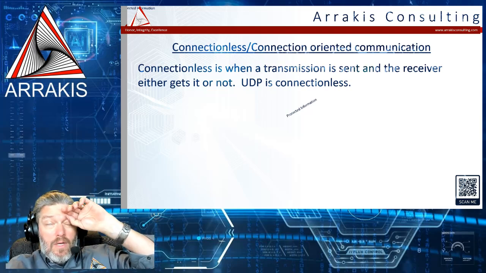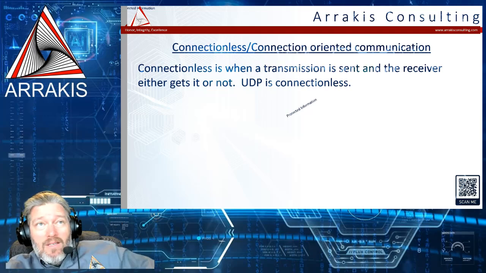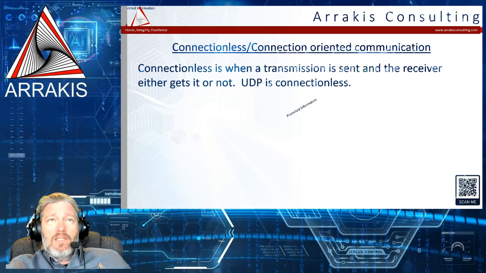So UDP is a connectionless protocol. An example of a UDP protocol that is connectionless would be TFTP. If you've experienced TFTP, it's used a lot in layer 2, layer 3 devices. It's used a lot in initializing voice over IP phones, things like that.